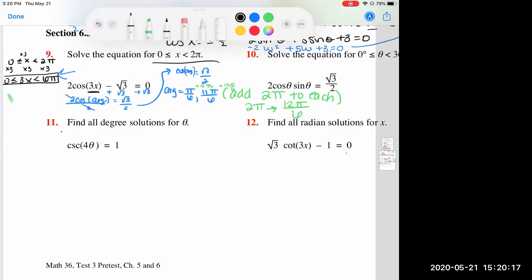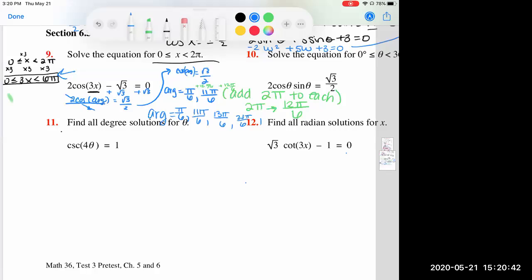So all of our answers for arg would be pi over 6, 11 pi over 6. Now let's add that 12 pi. So we have 13 pi over 6, 23 pi over 6. That's one trip.